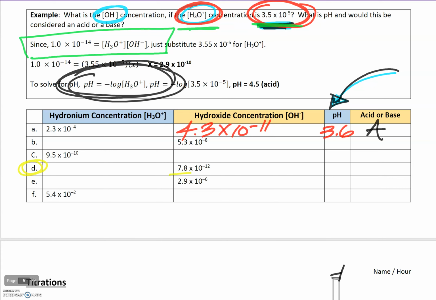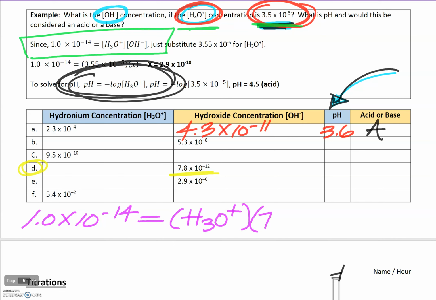So look at D. So we got the other piece right there. So same trick. Let's go ahead and do 1.0 times 10 to the negative 14th. You're always going to start the same way. Equals. This is going to be my H3O plus, which I don't know, multiplied by hydroxide, which I do know, 7.8 times 10 to the negative 12.